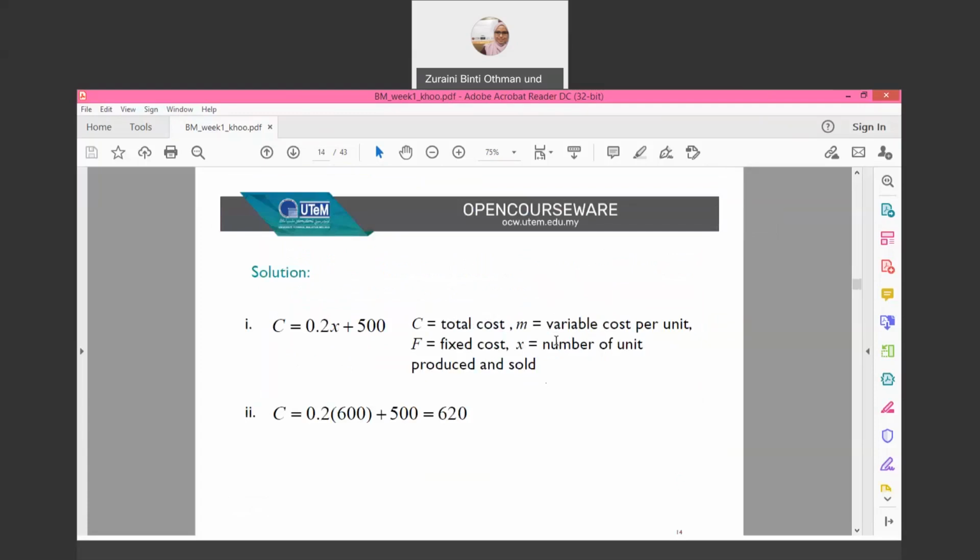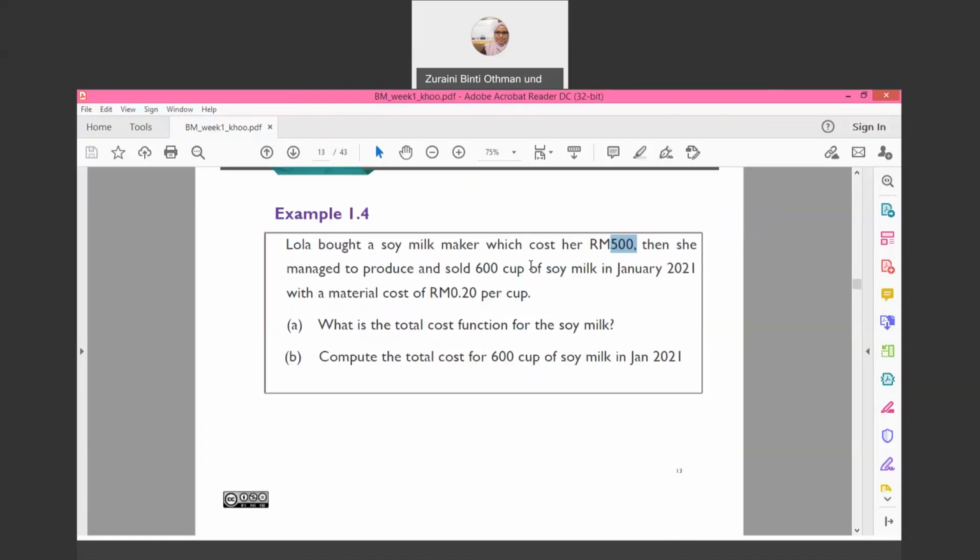Okay, so the total cost C, which is like Y is equal to MX plus C just now, is kita tahu dia punya cost pada permulaan tu dah jadi 500. Maksudnya tak ada apa-apa perubahan. Maksudnya tak ada masa yang berubah. Masa tu pada kosong dia dah which cost her 500. Okay. So sekarang kita tahu equation ni, maksudnya this is the y-intercept and this is the gradient per cup.